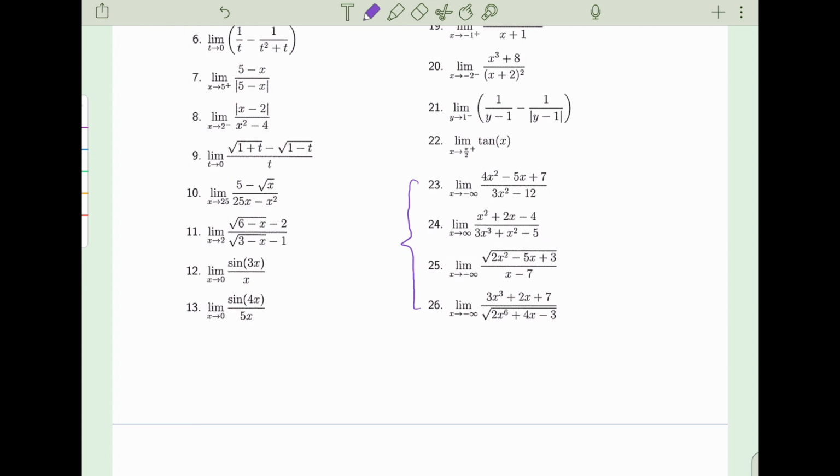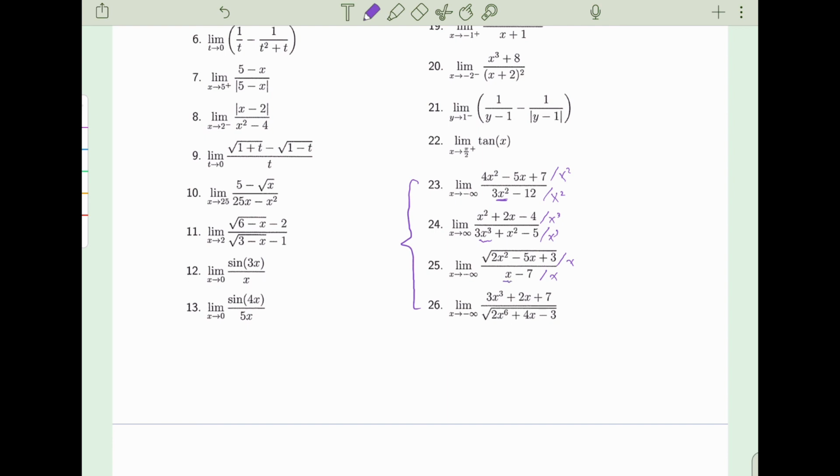For example, question 23, you're going to divide the top and the bottom by x squared, because x squared is the highest power, right? And for question 24, you're going to divide the top and the bottom by x to the 3, because this is the highest power. For 25, you're going to divide the top and the bottom by x, because x is the greatest power.